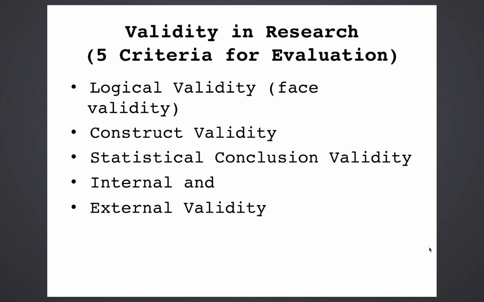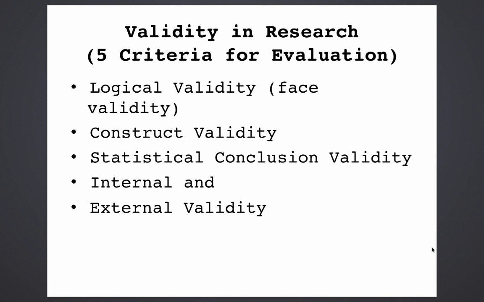There are 5 criteria that you're going to use to evaluate the validity of research. So logical validity is really just answering the question, were the methods of the study capable of answering the question and testing the hypothesis the researcher had stated? Does the hypothesis follow logically from the problem statement? Do the methods follow logically and consistently from the hypothesis?